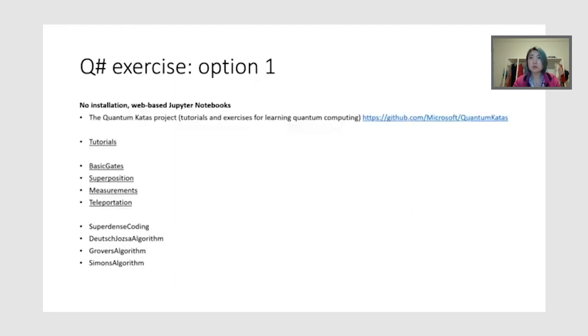Last class I showed people there are some very nice exercises that we developed to teach people about Q#. This is Quantum Katas. You can go to this link. The slides will be shared on Hackaday, but you can also just search Quantum Katas. This will pop up.